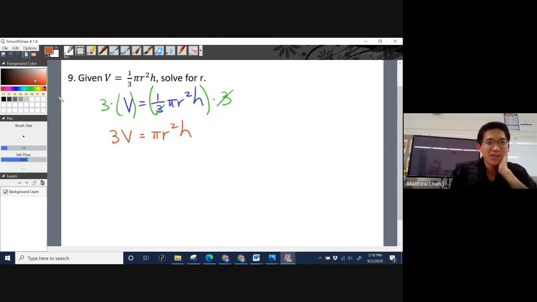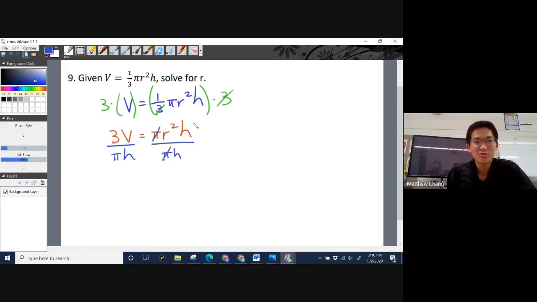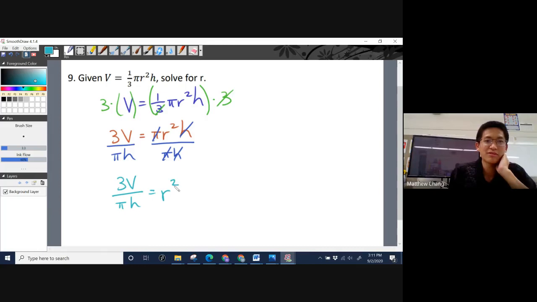We need to further isolate r. We can divide both sides by pi times h. The pi's will cancel with each other, and the h's will cancel out with each other. So what we're left with is 3V divided by pi h equals r squared.